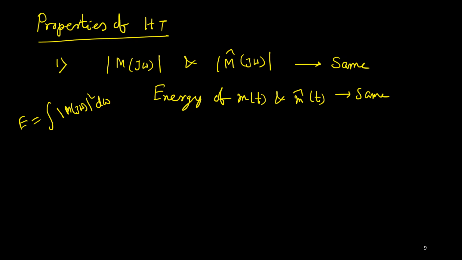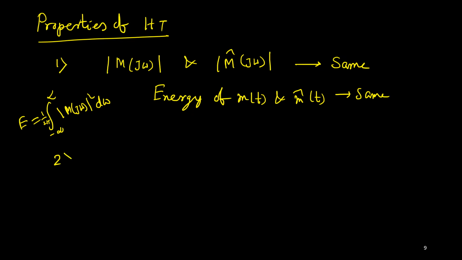So 1 upon 2 pi, from minus infinity to infinity. In this case both are the same, so obviously the area under the squared curve would remain the same, so energy will remain the same. So this is one important property.